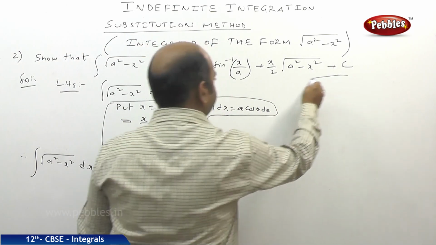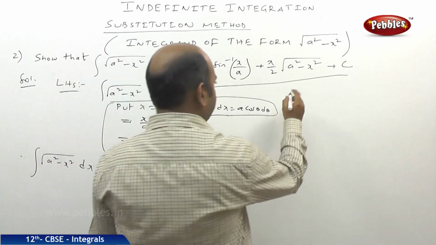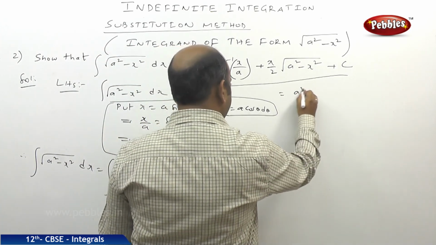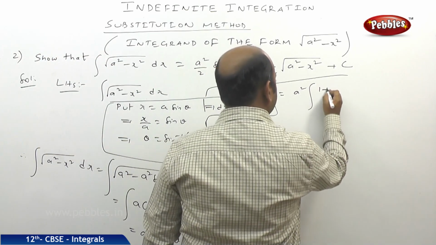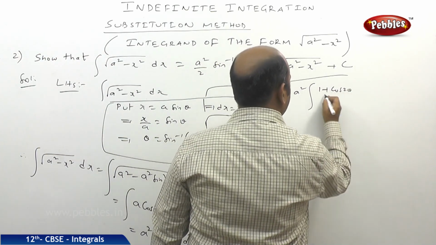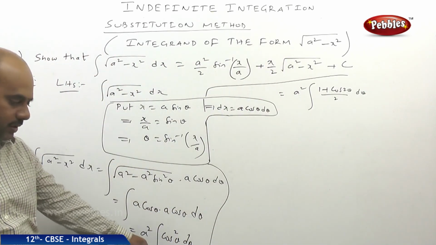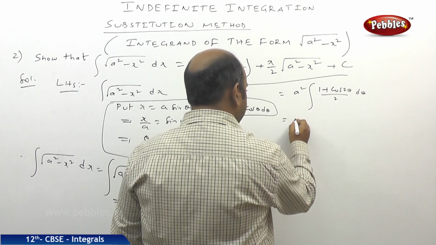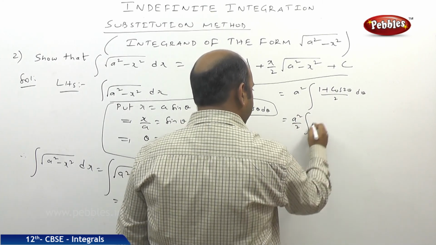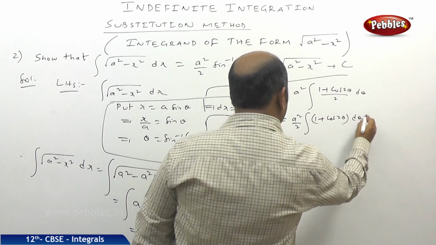So finally here I am writing that is equal to a square, and cos square theta I can write as 1 plus cos 2 theta by 2 d theta, because of multiples and submultiples of 11th class. So what happens later? A square by 2 coming outside, there remains 1 plus cos 2 theta d theta.